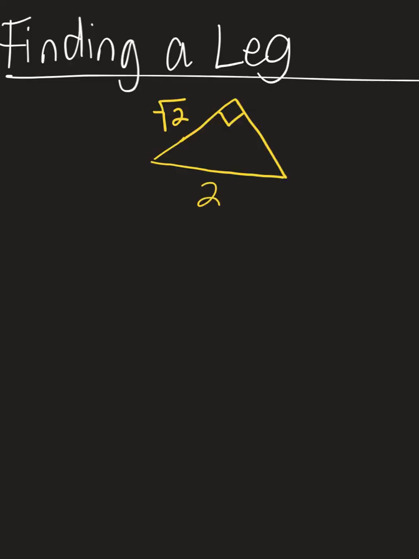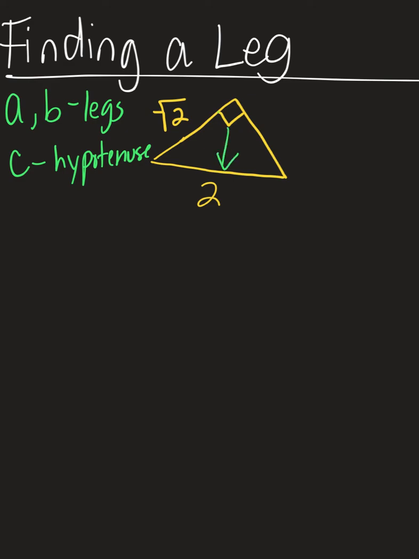Alright, now sometimes we will be working on finding a missing leg, not a missing hypotenuse. So, again, a and b are legs, and c is the hypotenuse. The hypotenuse is always the longest side. When it's not obvious, like in this particular example, we use that right angle to point us in the right direction, literally.